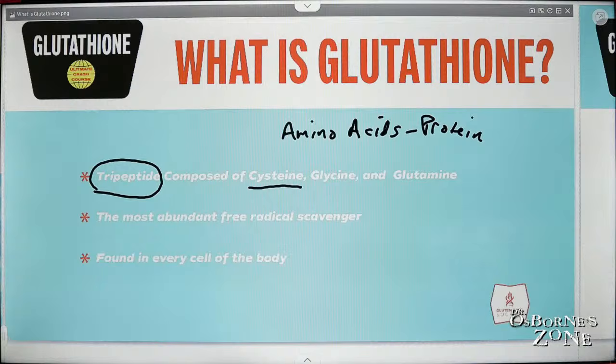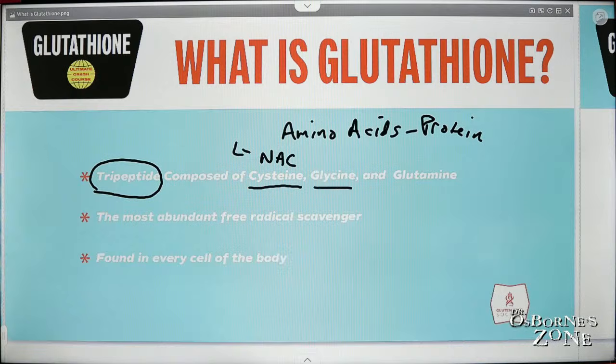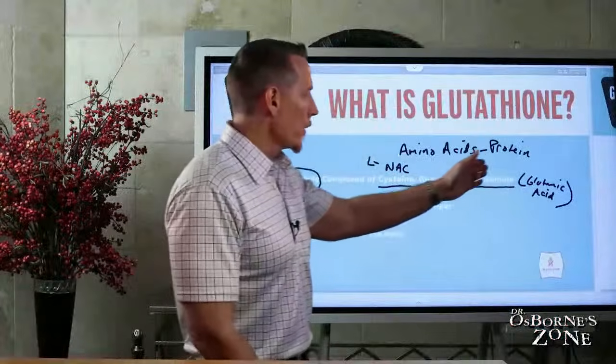Sometimes we see the term L-cysteine, and sometimes there's actually a supplement called NAC, if you've heard of NAC, N-acetylcysteine, right? So cysteine being one of the building blocks, the amino acid glycine, as well as the amino acid glutamine, and technically it's actually glutamic acid, but glutamic acid converts into glutamine to help build glutathione itself. So it's composed of these 3 amino acids.